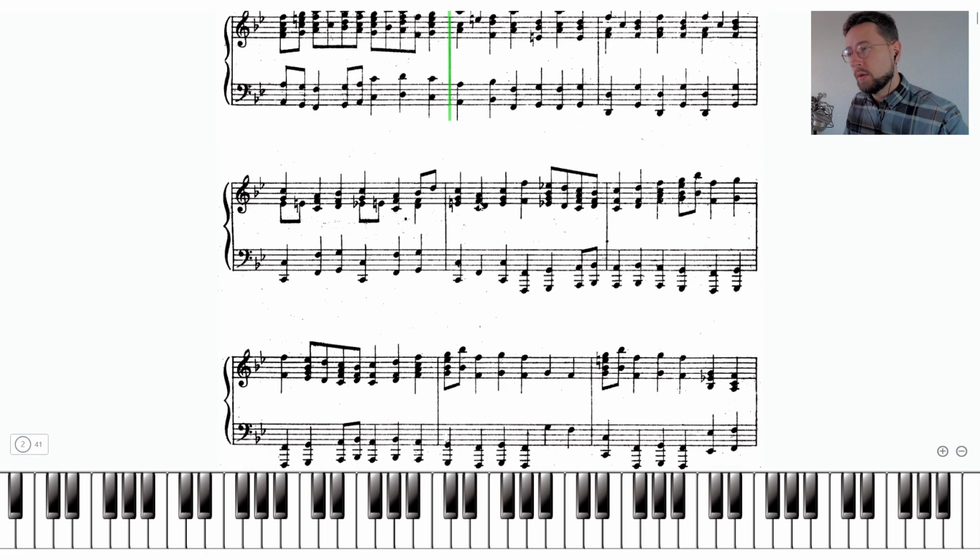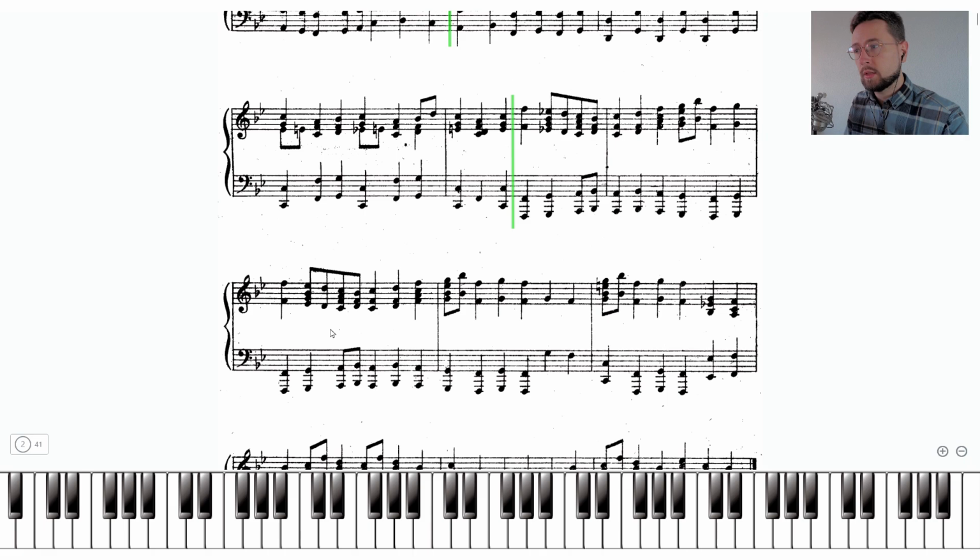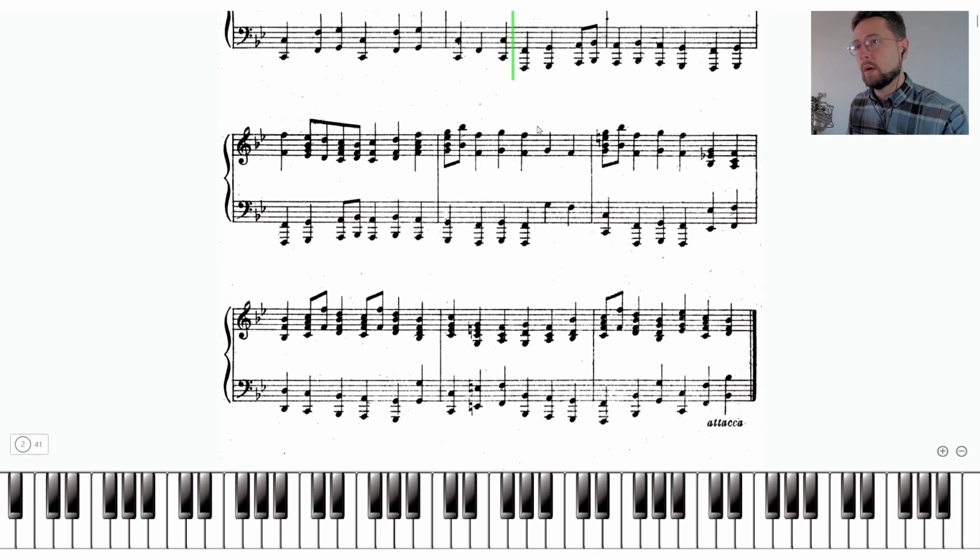And here we're entering probably a phrase that's halfway through because it's very similar to the one that follows. This is sort of a false recapitulation.